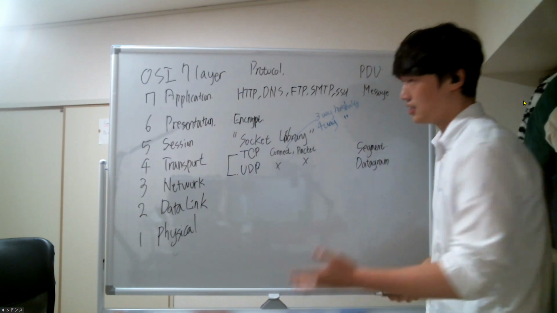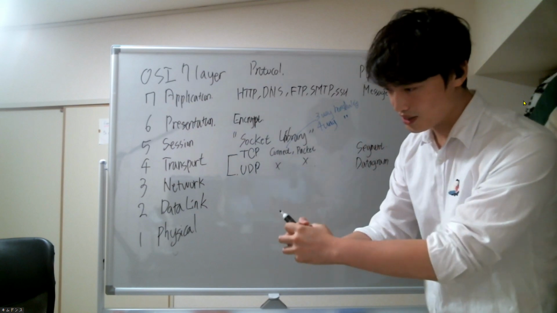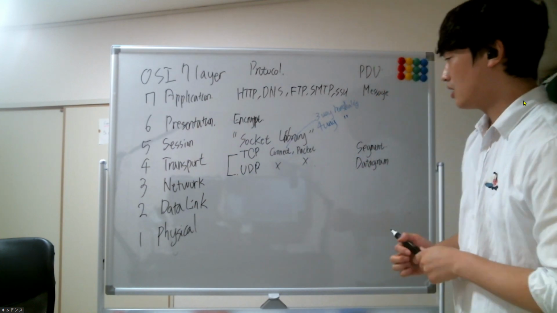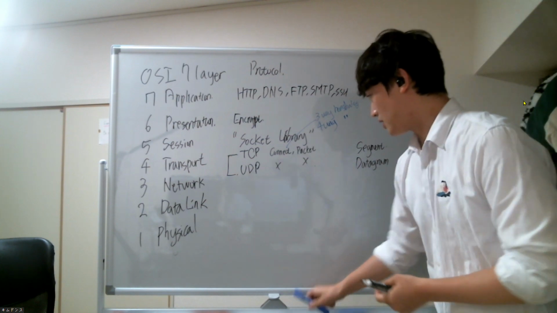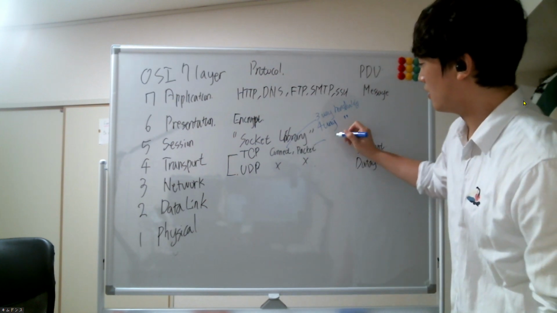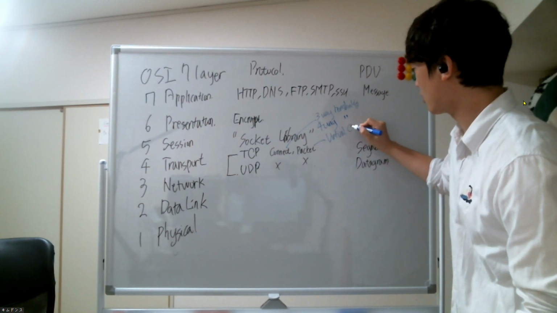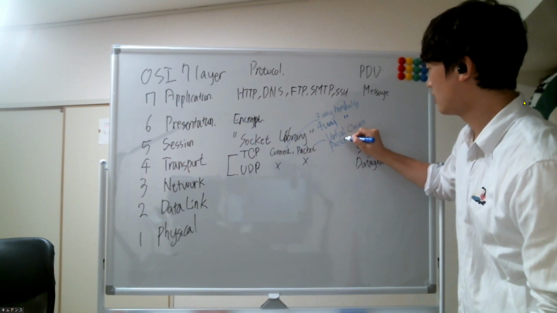So it guarantees that the server side and the client side are connected, and then it sends the request and gets the response. And also at the same time, it has virtual circuit packet switching.